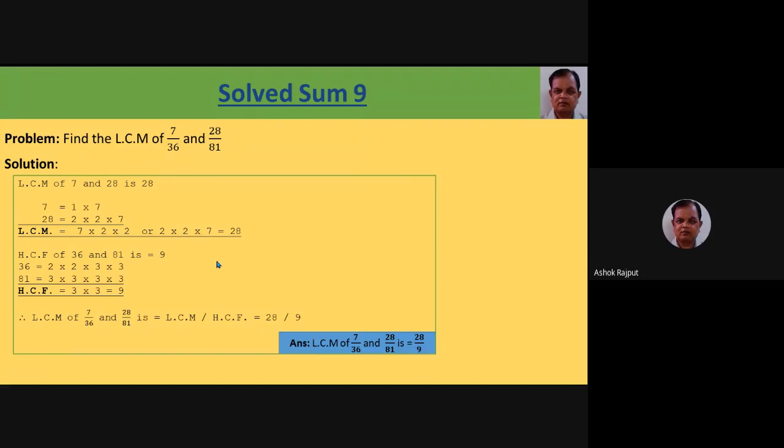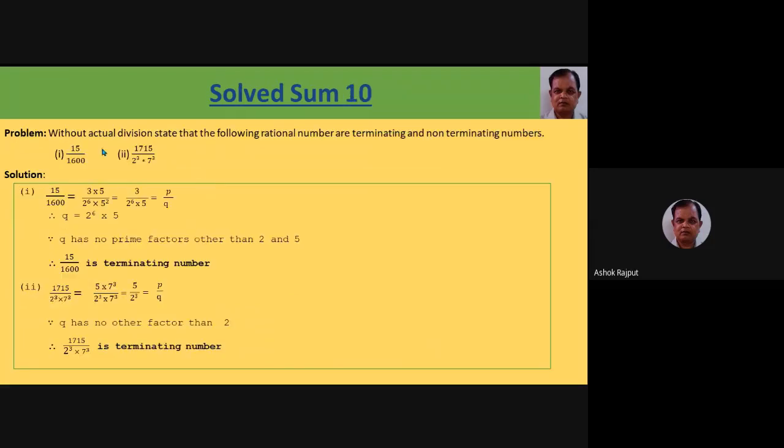Now we are going to solve the next problem. Here we are seeing, without actual division, state whether the following rational numbers are terminating or non-terminating. First we are seeing the numbers.